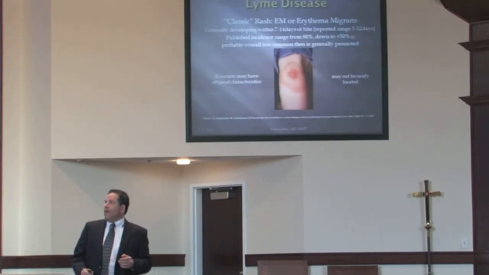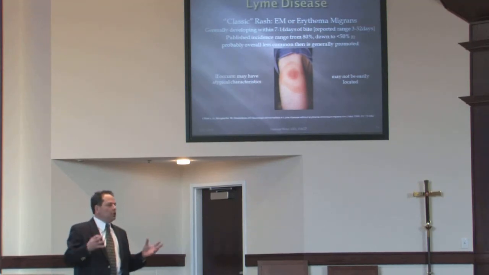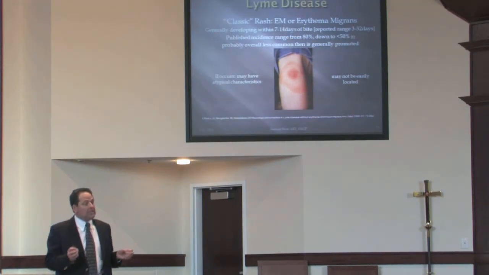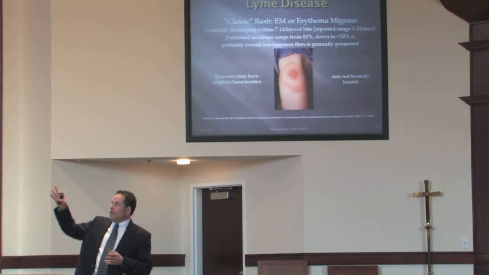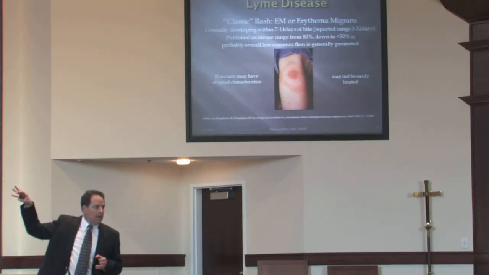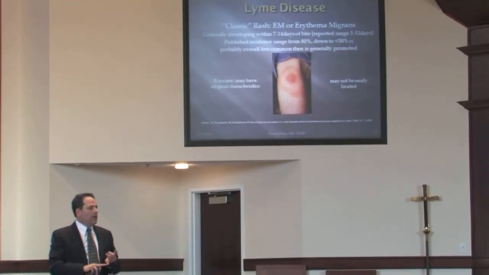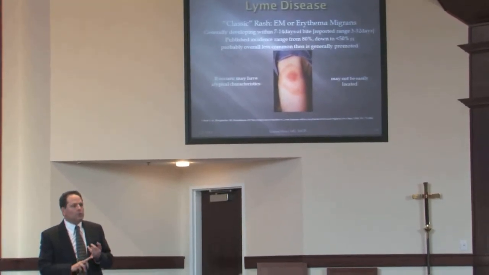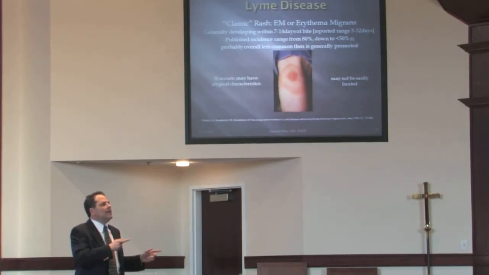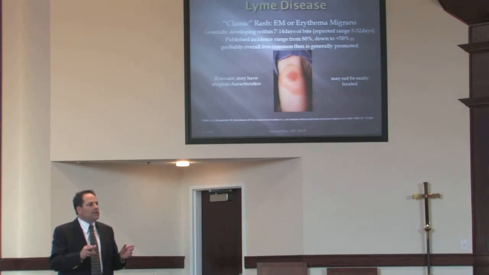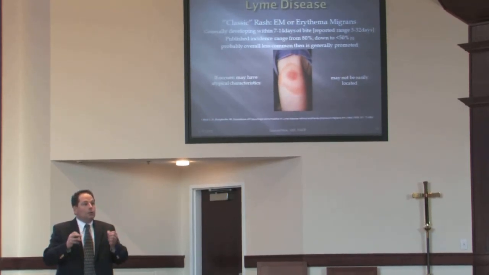And in terms of presentation, certainly people have heard of the rash associated with Lyme disease. There is a classic rash called erythema migrans that classically has a bullseye like this picture. But I have to emphasize, not everybody with exposure to a tick is going to develop this, and unfortunately the literature is confusing in this respect because many of the original studies were done by inclusion.